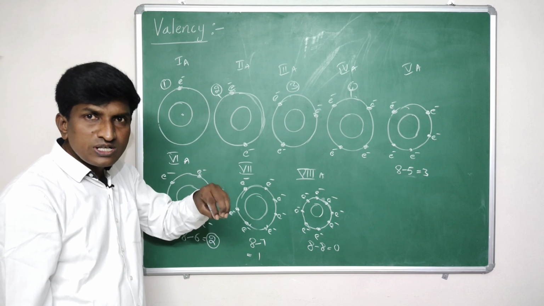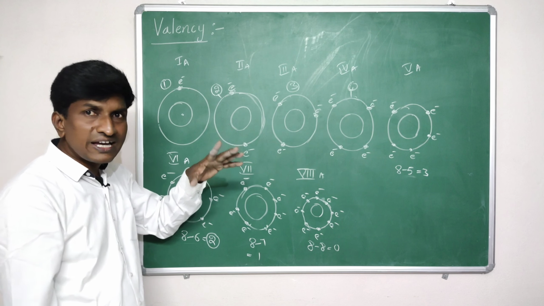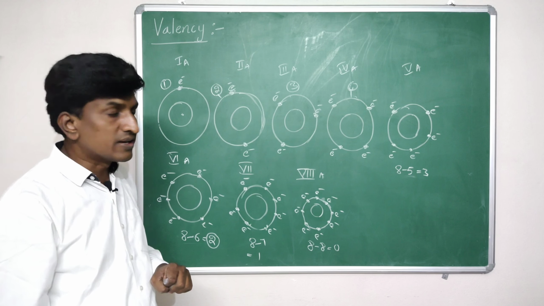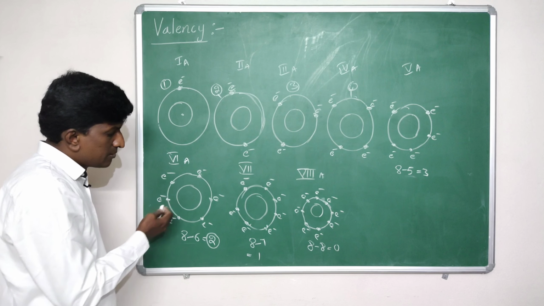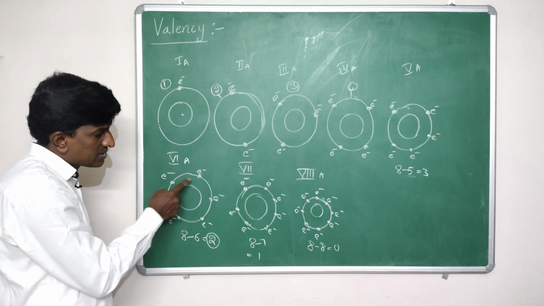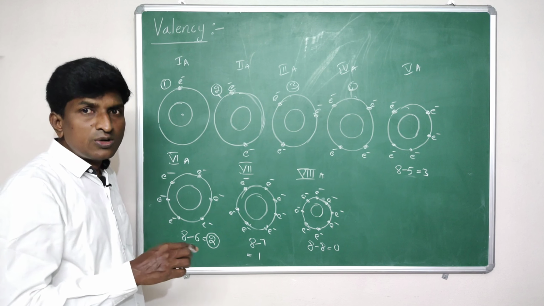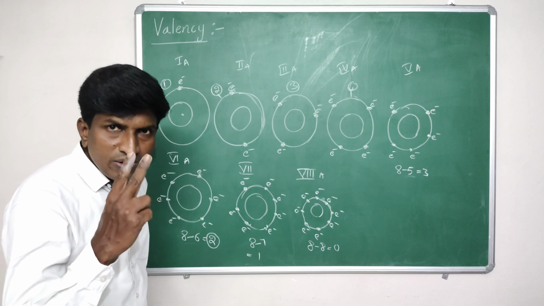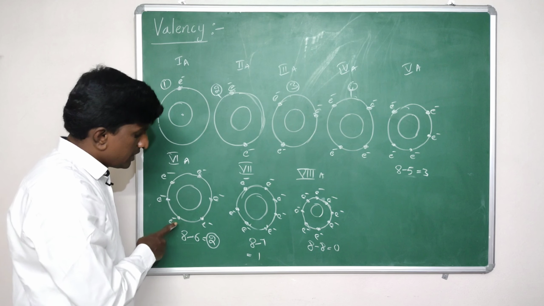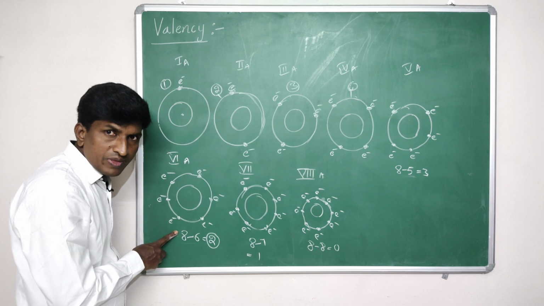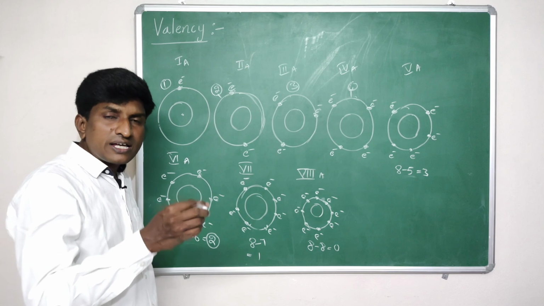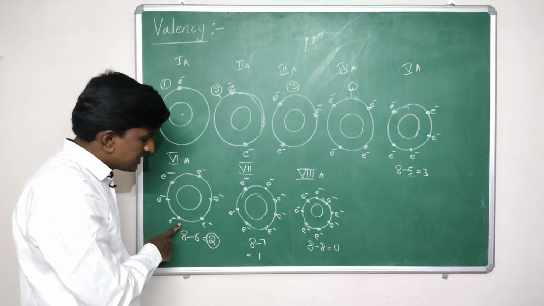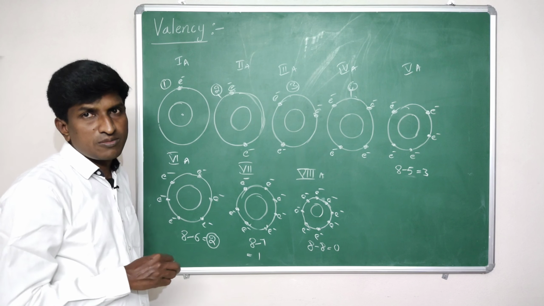Easily, by losing 2 electrons, they get octet configuration, 8 electrons in the inner orbit. Come to the 6th group elements, they already have 6 electrons in their outermost orbit. To get stability, they require only 2 electrons. By mutual sharing or by getting electrons from other elements, they get 8 electrons and become stable.